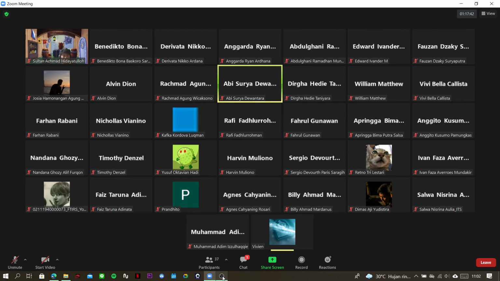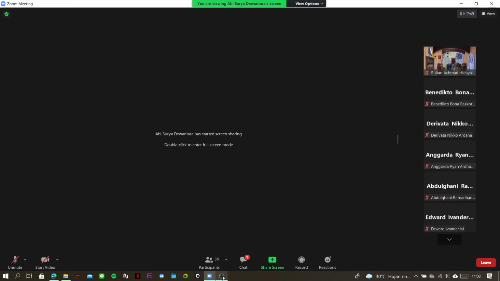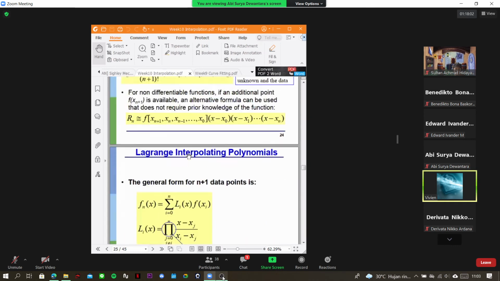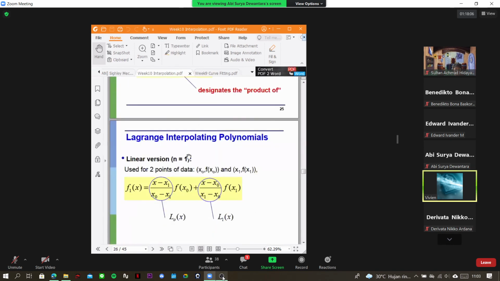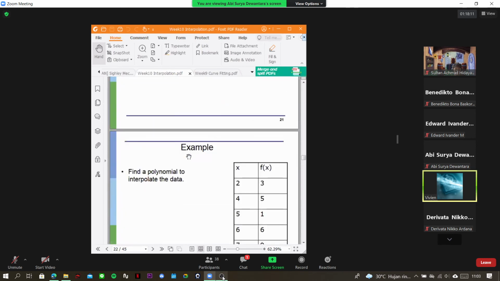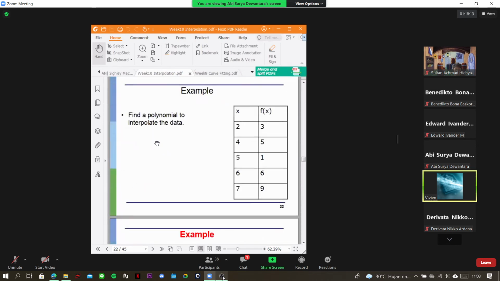Can you share the screen of the slide? No, not that one. At the end of Newton's divided difference, before that.